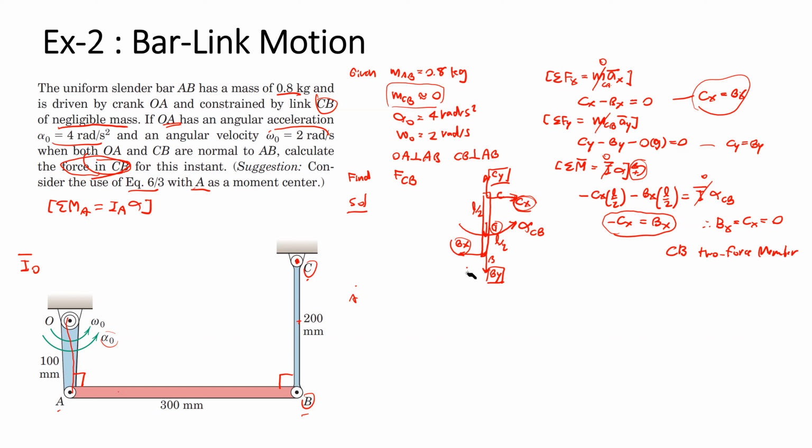Kinematic relationship means we are talking about the velocity analysis and acceleration analysis in the link AB.